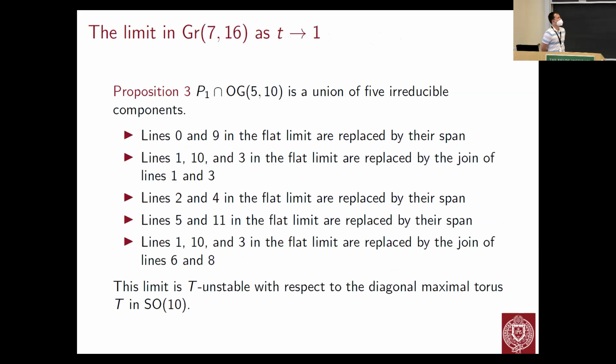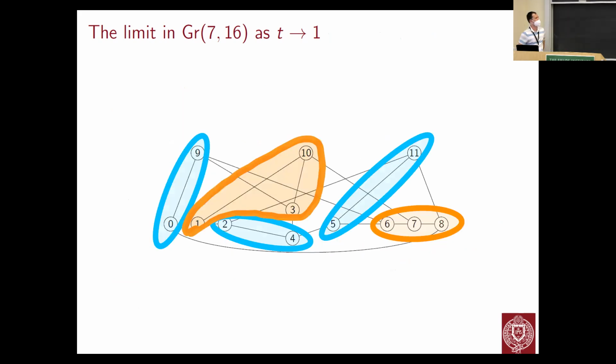What about our limits in the Grassmannian? All right, so this was highly unexpected. You start to get surfaces instead of curves. I wrote out what happens in words, but I think it's easier to show you this picture instead. So in the limit in the Grassmannian, as we approach T equals 1, you see a bunch of surfaces that are either spans of 2 lines or scrolls on 2 lines.